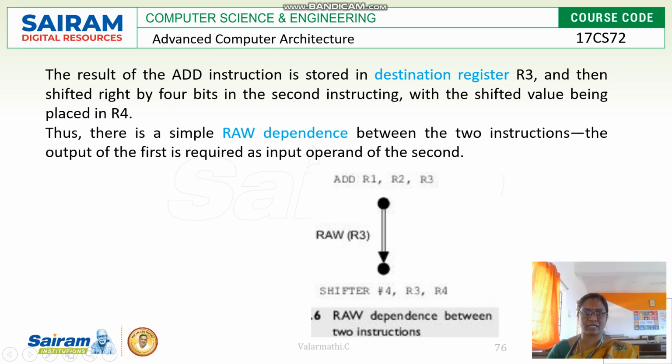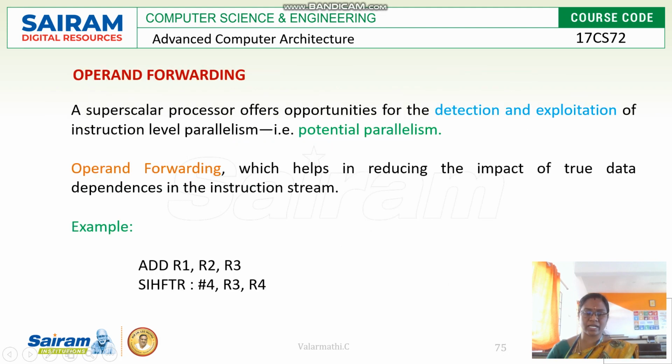What dependence occurs between these two instructions? It is a RAW dependence, that means read after write. Why is it occurring?